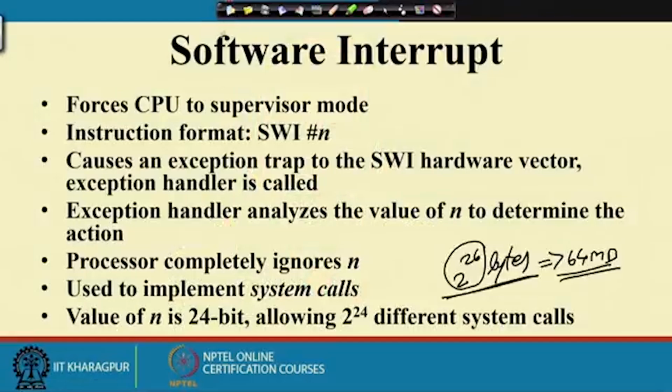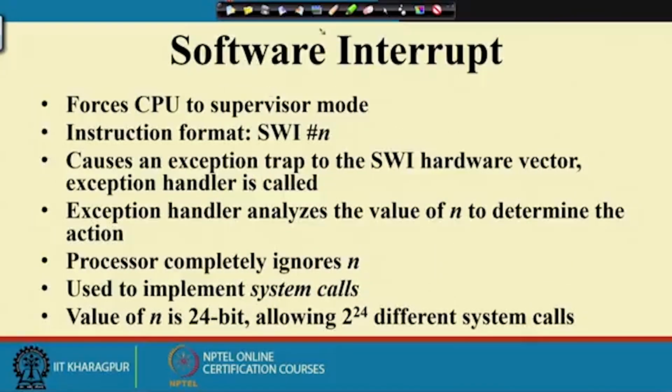From that point, it is the interrupt service routine's responsibility to analyze the value of n and accordingly decide which procedure should be called, based on the service request. So, the processor will completely ignore the value of n, because it cannot handle such a big thing. So, that is about the software interrupts.